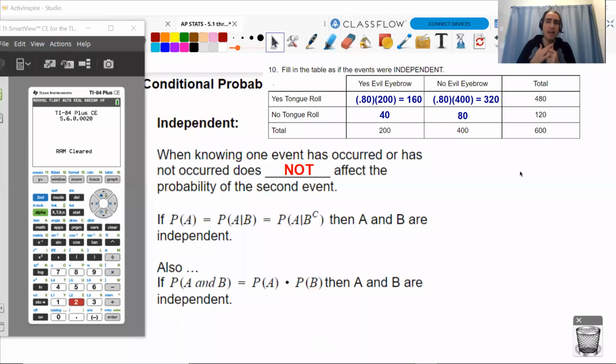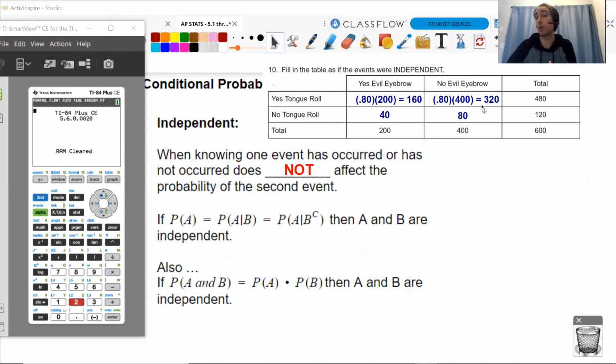Okay, I wanted to pull up the data from our table where we filled in those numbers to make them independent. The rule for independence is if you multiply the individual probabilities, the probability of one thing happening times the probability of the other thing happening, then that product should be equal to the probability of that overlap.